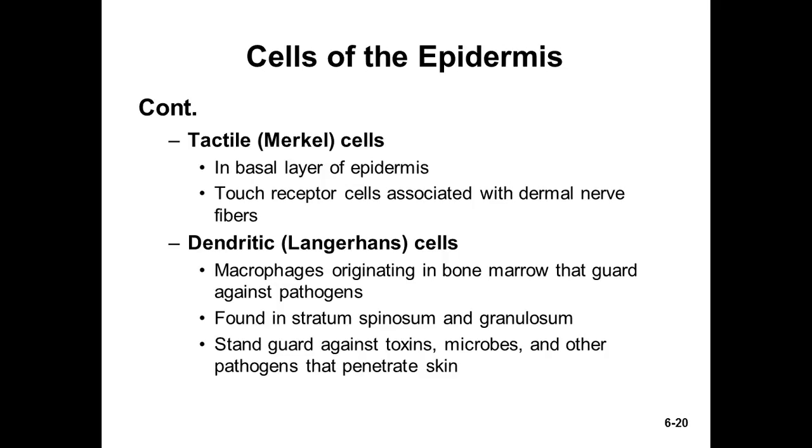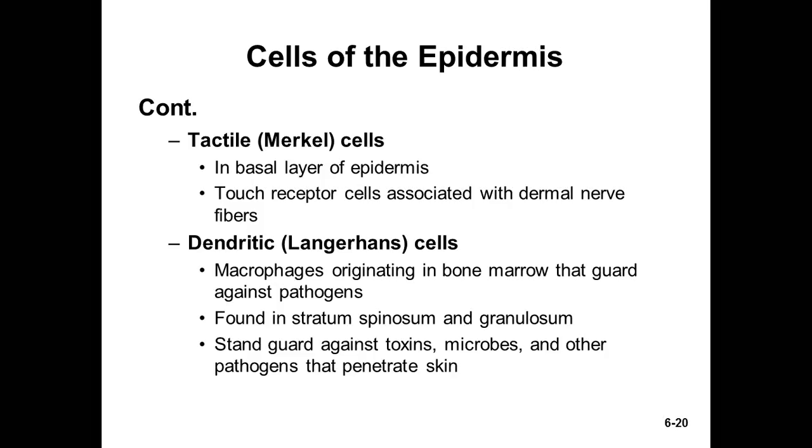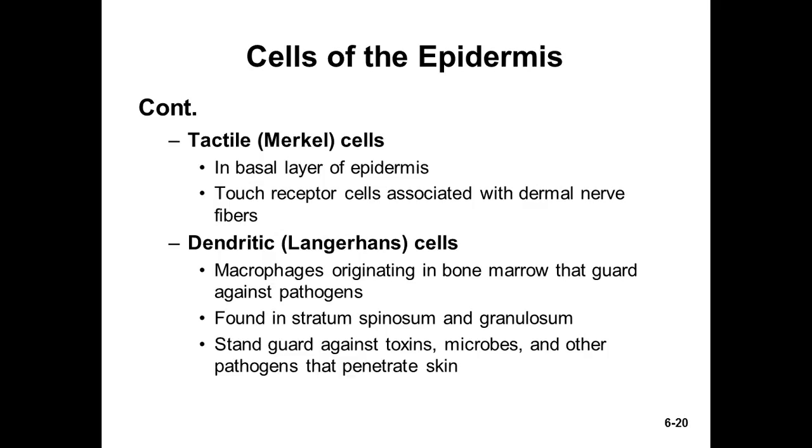This cell right here is very important because it destroys toxins, pathogens, and things of that sort. And it's found in the stratum spinosum and your stratum granulosum, as you can see. So it's a little bit higher than the stratum basale, this particular type of cell.